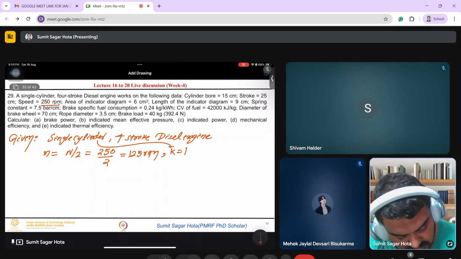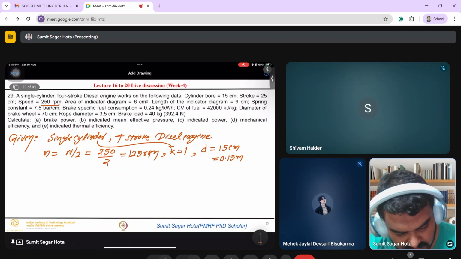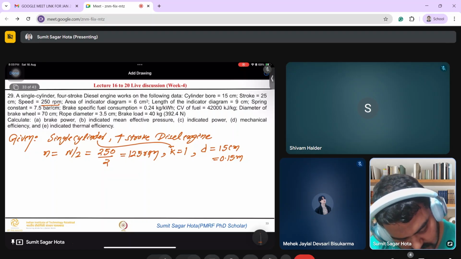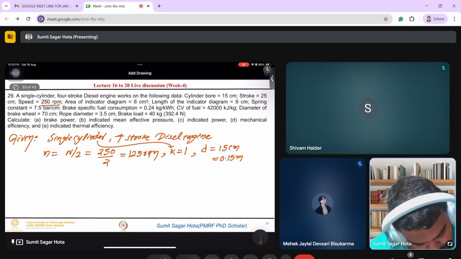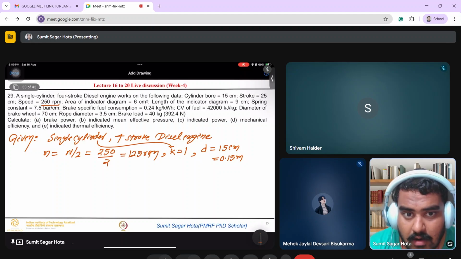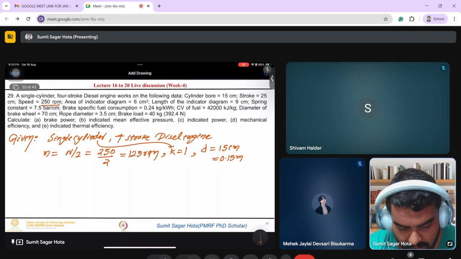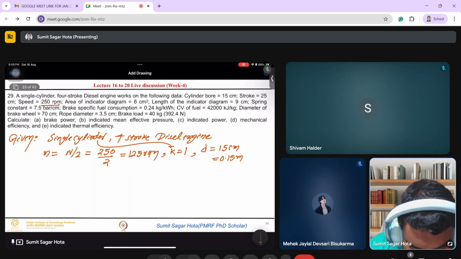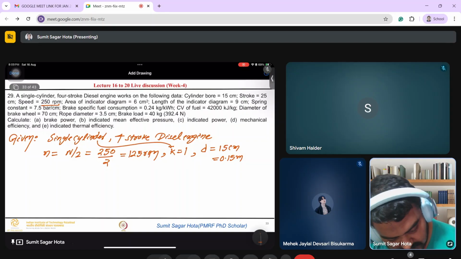Okay, and then diameter is given as 15 centimeter, which is 0.15 meter. Then W brake is also given. Yes, here the brake load is given.